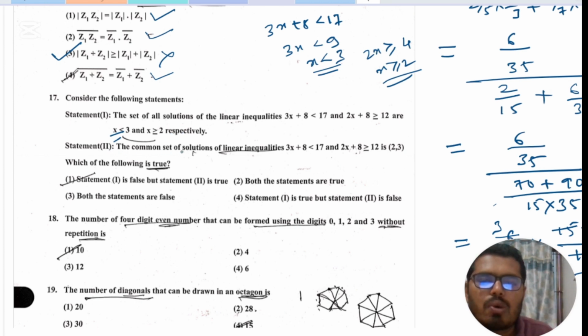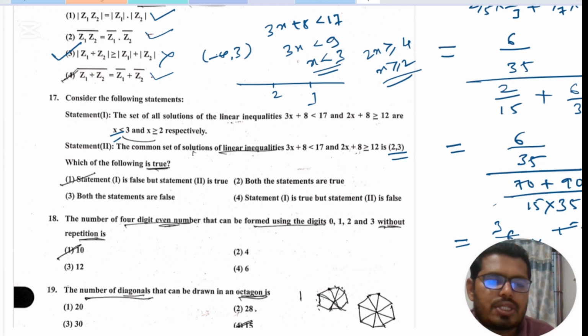The common set of the solutions of the linear inequalities is the open interval 2 comma 3. Okay, if you observe the common solutions, here is 2, here is 3. X less than 3 means this is the region from minus infinity to 3.